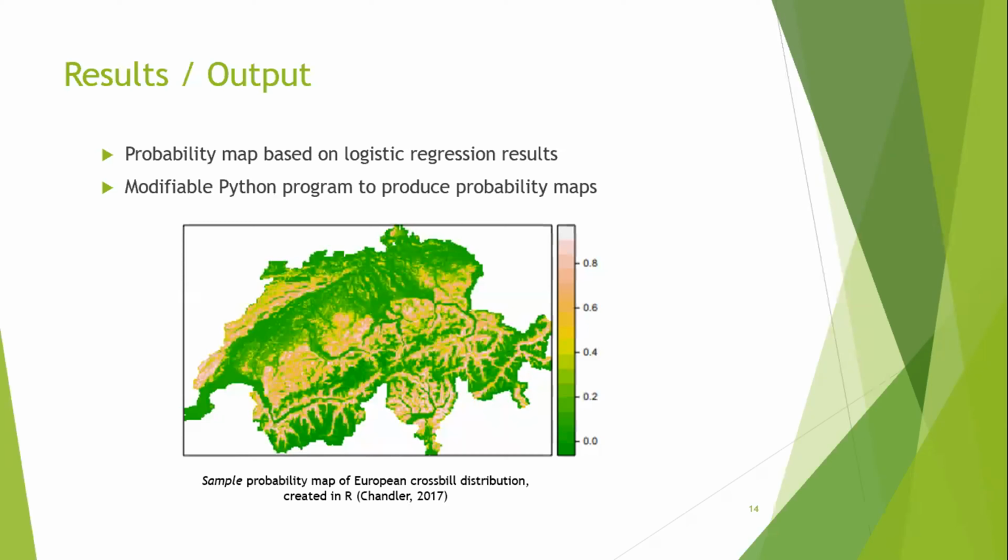And so this study looked at different species distribution preferences, and was able to produce this probability map to help depict where you might find this European crossbill species.